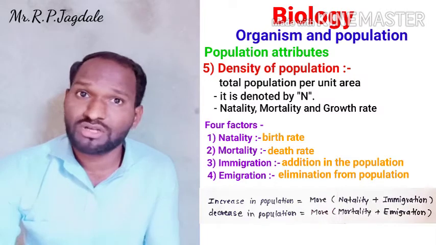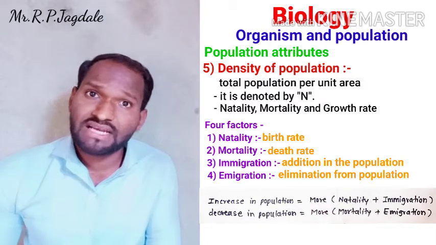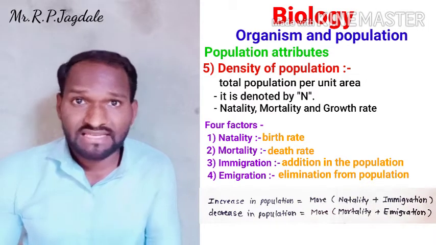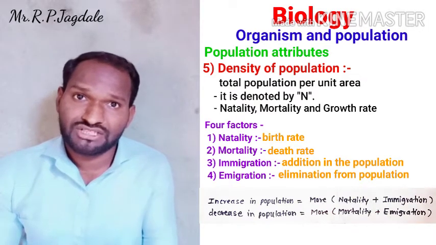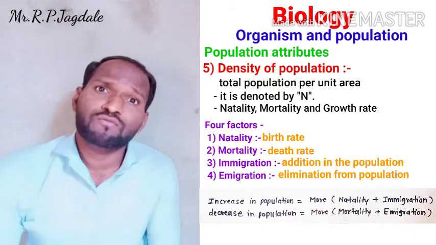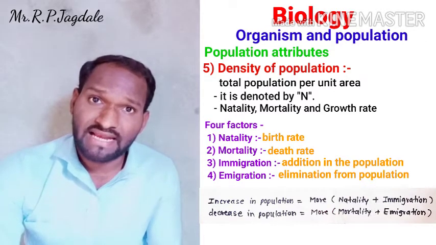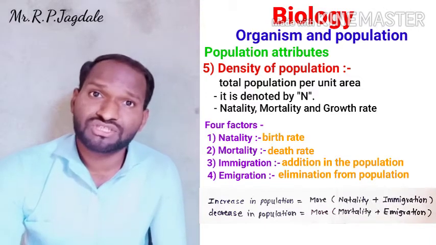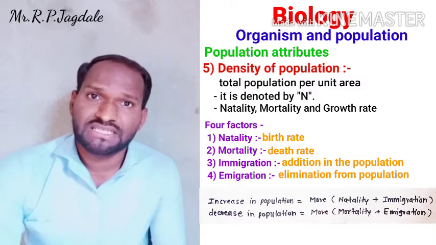That means if in a population the birth rate is more than the death rate, and immigration is more than emigration. Birth rate is more when more individuals are being born, and at the same time when more people are being added to the population, then the density of population is increased.